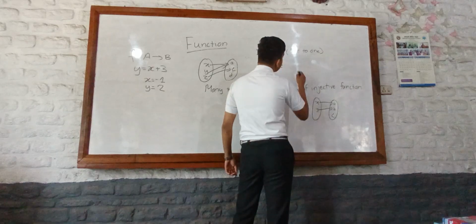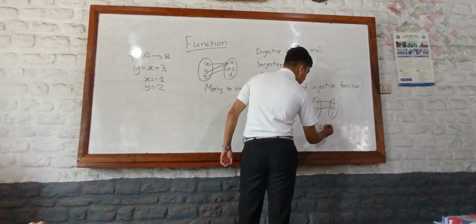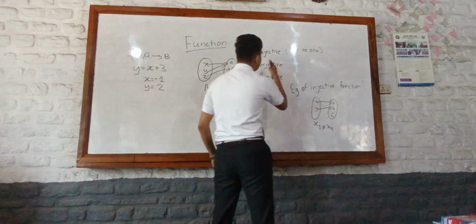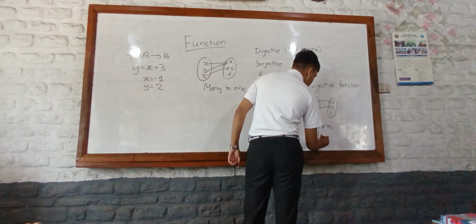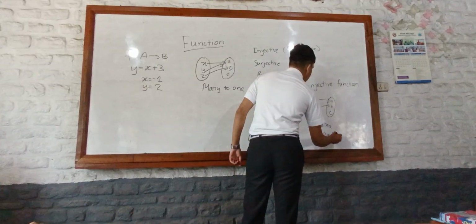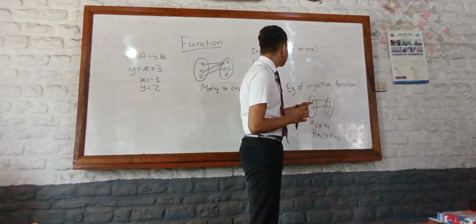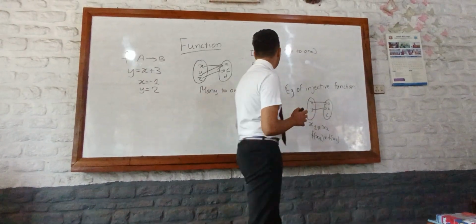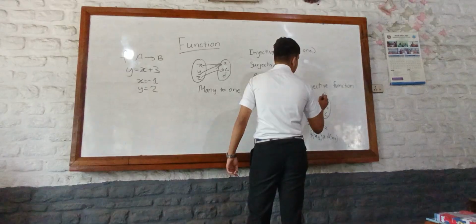In this function, x1 cannot equal x2 for this function to be true, so that f(x1) cannot be equal to f(x2). So the only concept is that distinct elements of set A must associate with distinct elements of set B.